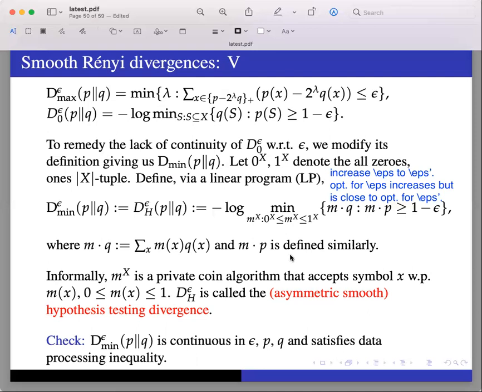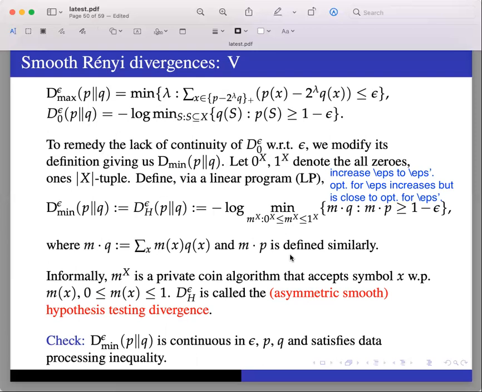For D0 epsilon, the one which we defined above, m was actually either 0 or 1, and that is precisely why it was discontinuous.